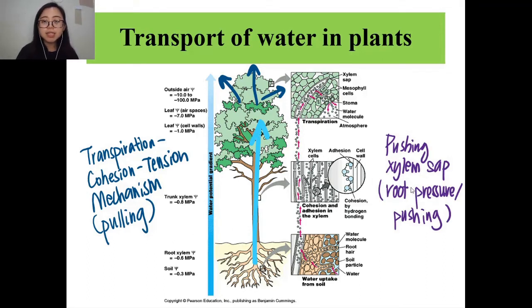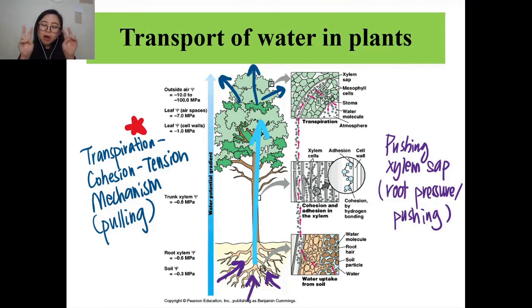The second mechanism is pushing xylem sap using root pressure. So pushing xylem sap using root pressure will start with mineral ions in the roots. Mineral ions in the roots lower water potential. That means water keeps flowing in and water will flow up the xylem.